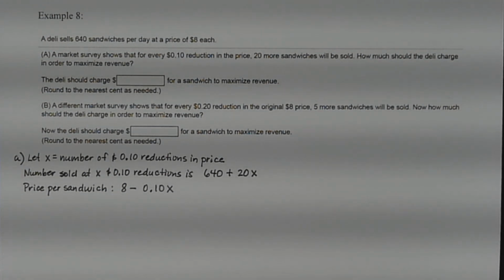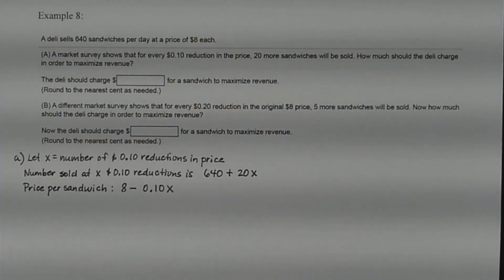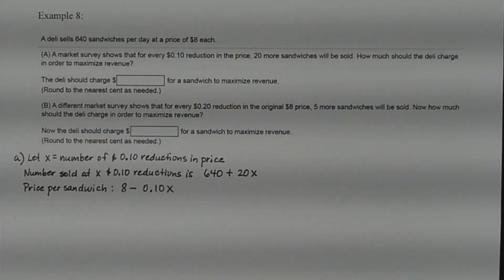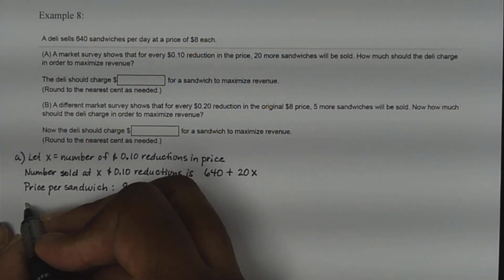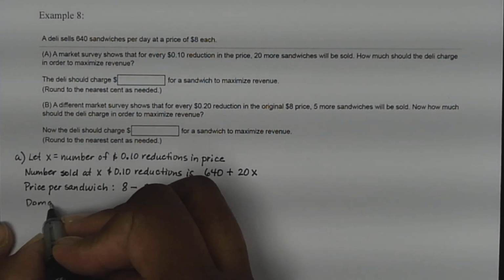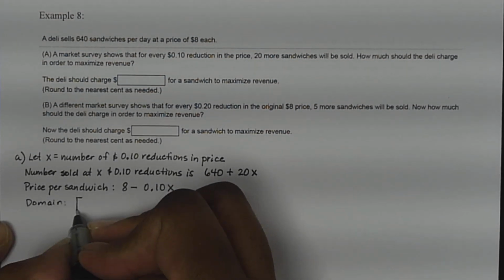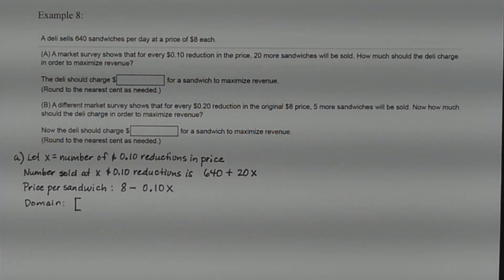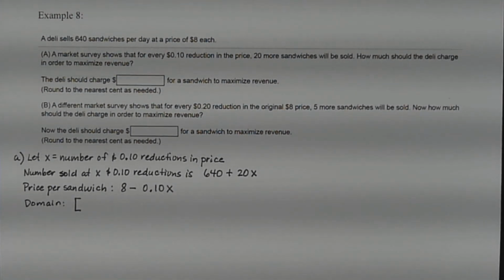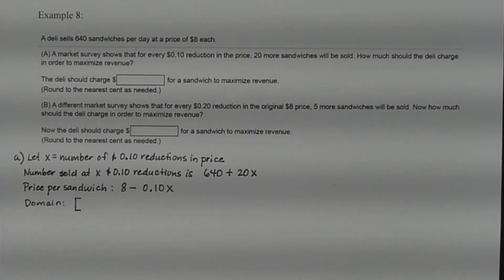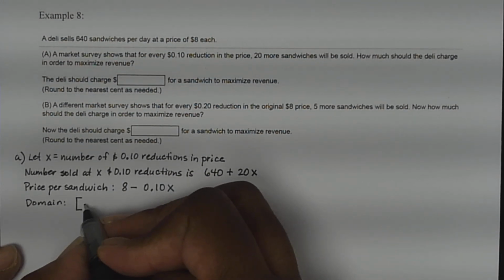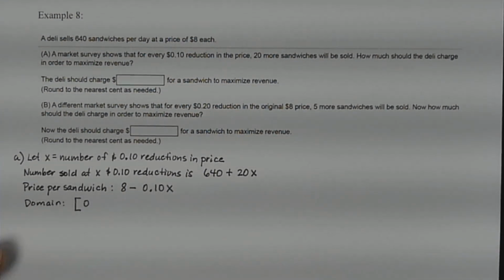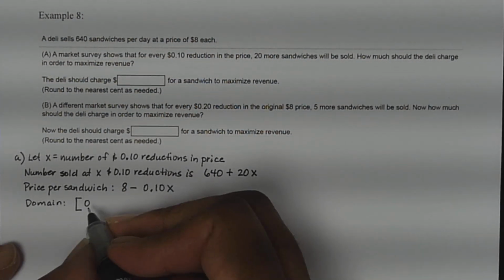Now, there need to be some restrictions here, okay? And the restriction here is this. I'm going to put domain. We're dealing with price here. So we know price can't be negative, so we have to have 0 as the minimum.